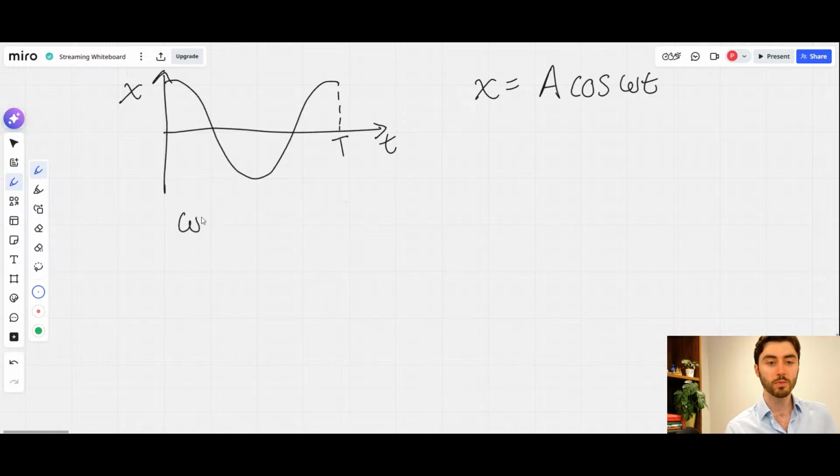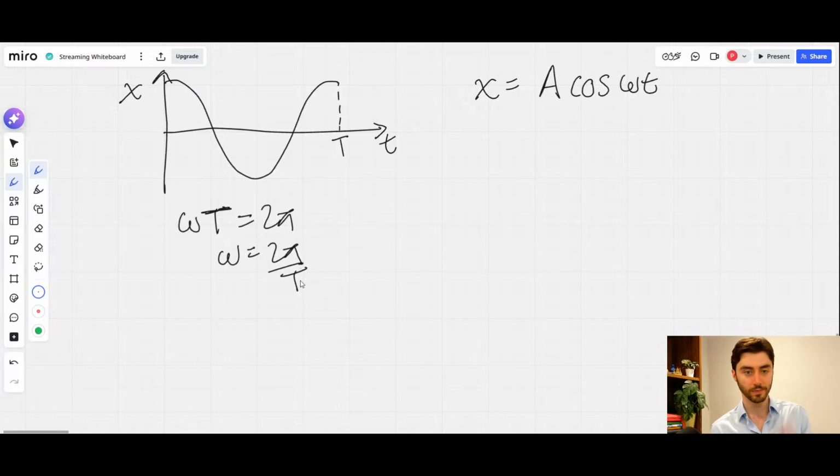So we know that omega T would be equal to 2 pi, and that gets us omega equals 2 pi over T, as required. So that's why omega t gets us the results we need when t equals the time period. That explains the form of this displacement graph.